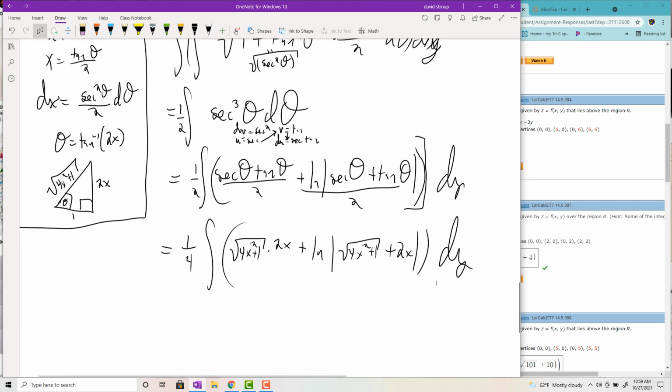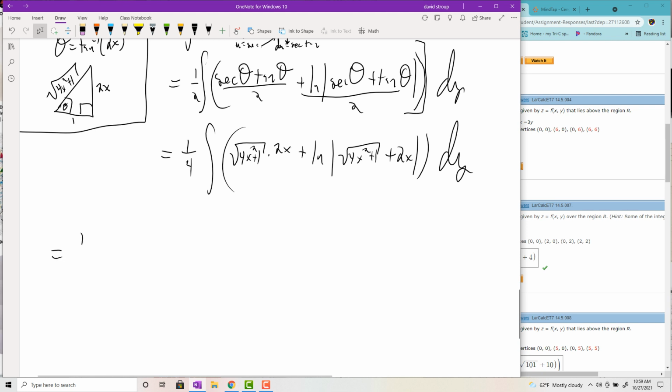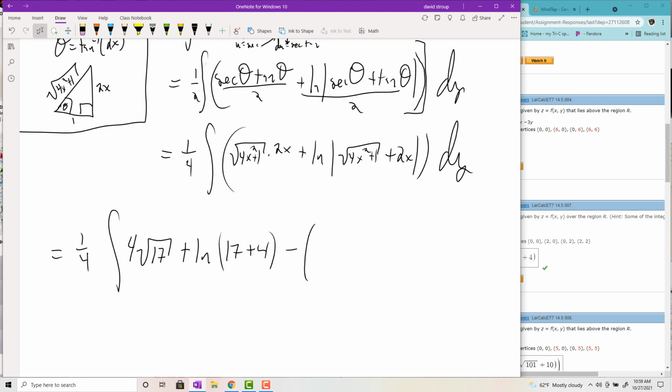And I'm evaluating from 0 to 2 on there, so it'd be 1/4 integral of square root of 17 times 4 plus ln of 17 plus 4 minus plugging in 0. You just get 0 plus ln of 1, which is 0. Dy, and all of this junk is just a constant, so you could factor it out.